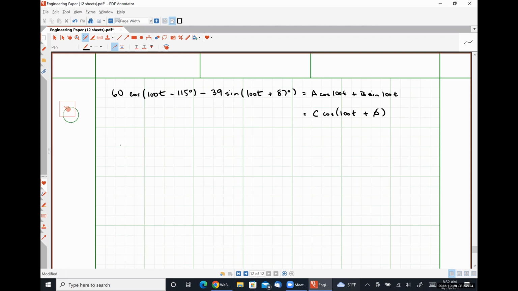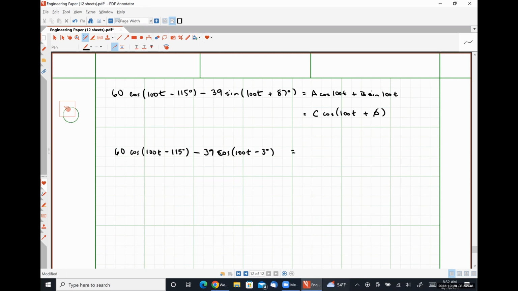So we could write this as 60 cosine 100t minus 115 degrees minus 39 cosine 100t minus 3 degrees because I subtract 90 degrees.